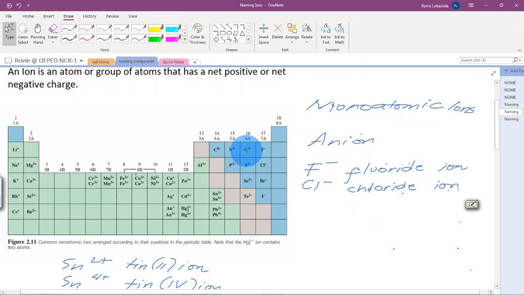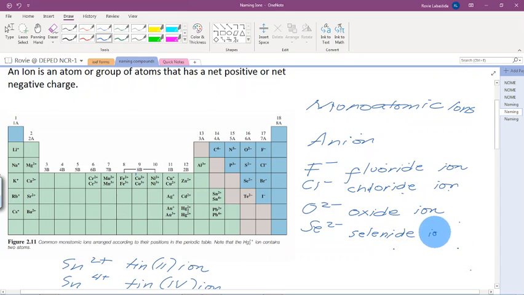Let's have another example, O2-. Let's take the root term for oxygen and add the suffix IDE. So this one is oxide ion, O2-. Let's have Se2-. Let's take the root term for selenium and add IDE.